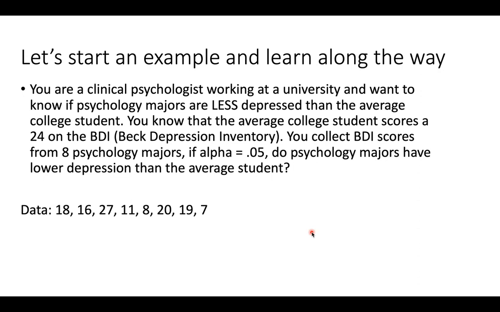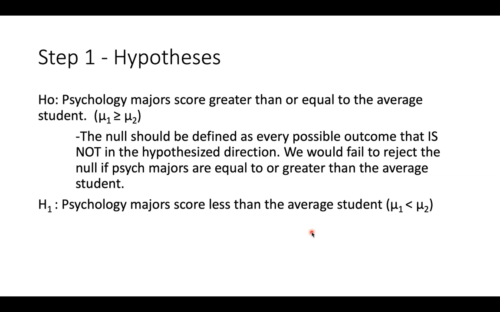So here we have our data points. We have 8 psychology majors who we've collected data from, and we need to figure out, are they less depressed than the average college student? The first thing we want to do is define our hypotheses, the null and the alternative, or the research hypothesis.